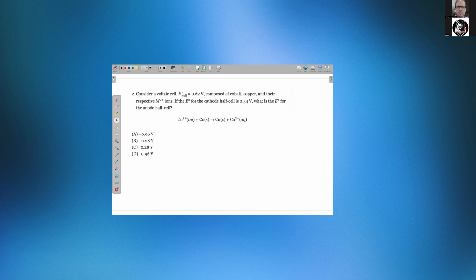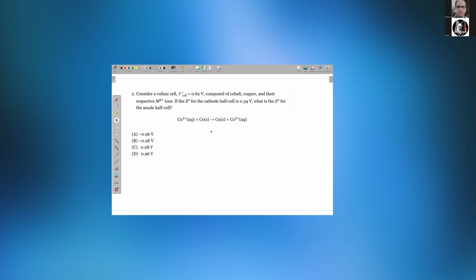So how did you get C? 0.62 minus 0.34. So we'll get C, and the answer is not C. Is it B?